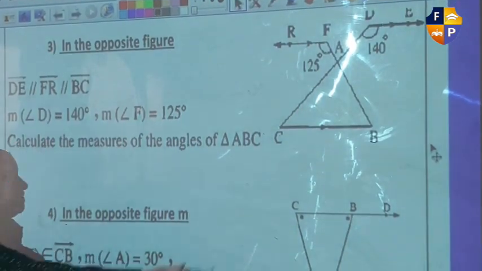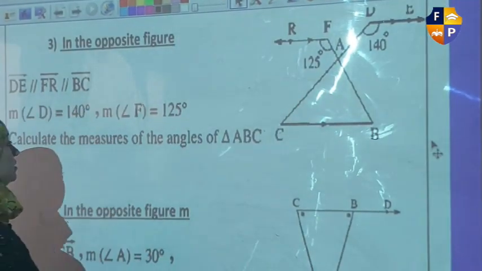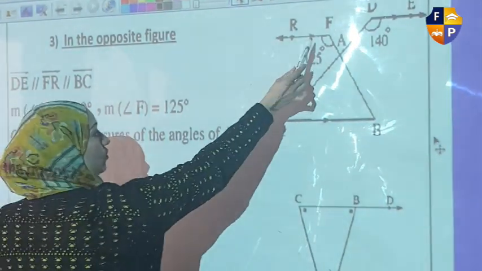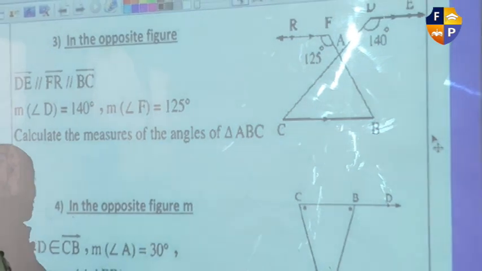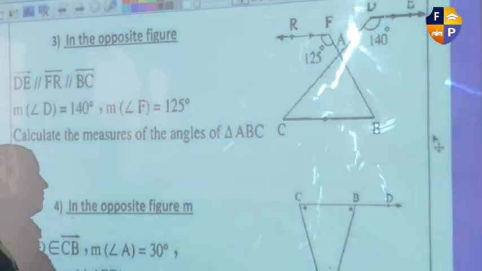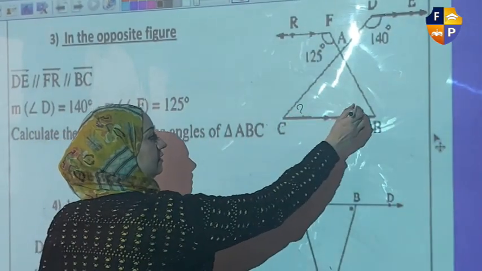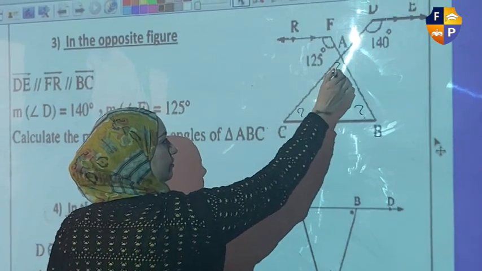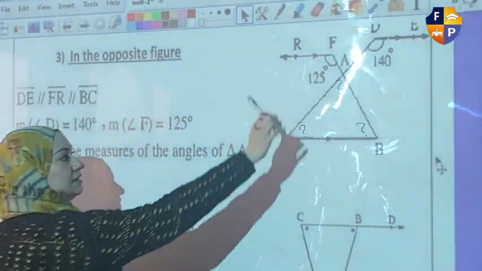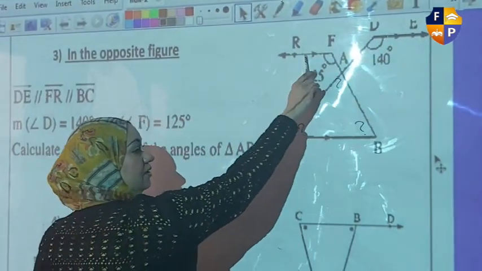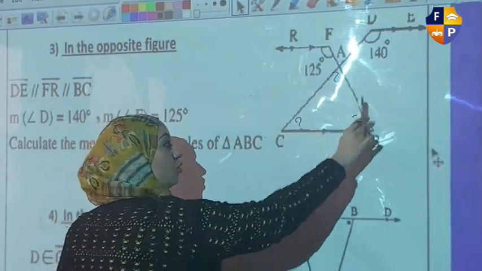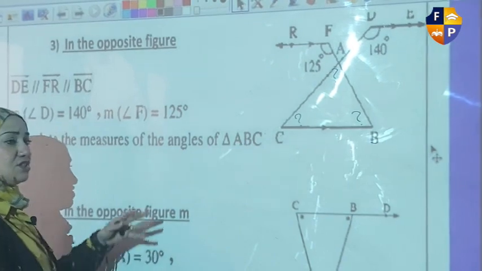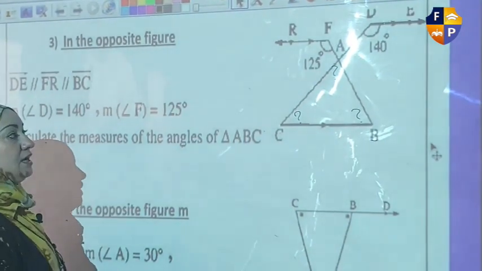Measure angle D equals 140, measure angle F equals 125. Calculate the measures of the angles of triangle ABC. You want to get this angle and this and this. At the first, this ray is parallel with this, parallel with this, so the three rays are parallel to each other.